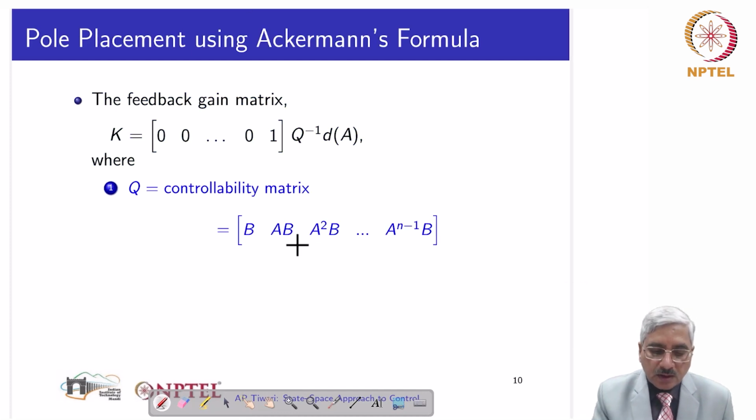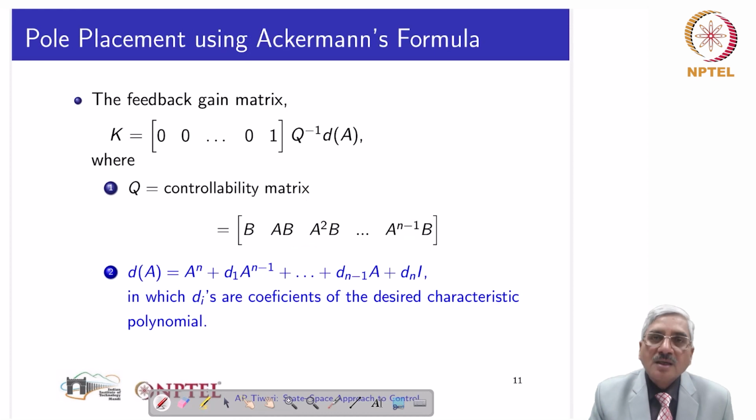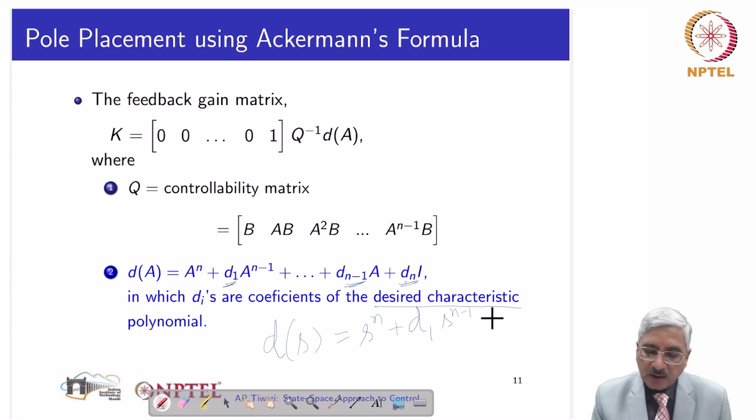So Q is the controllability matrix, as we already know, and this d(A) is an nth degree polynomial in A, in which the coefficients d1, d2, etc. are the same as the coefficients of the desired characteristic polynomial. So if the desired characteristic polynomial is d(s) equal to s to the power n plus d1 s to the power n minus 1 plus d2 s to the power n minus 2, etc., then d(A) is the same thing.